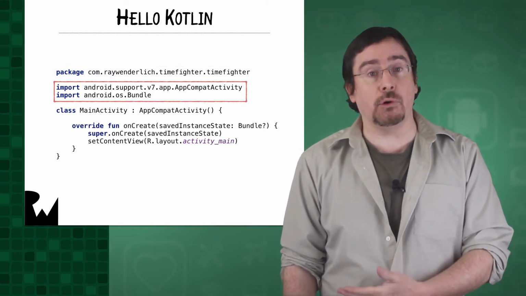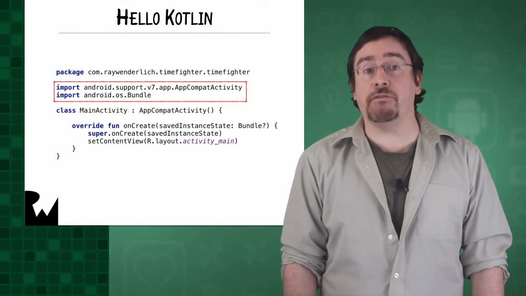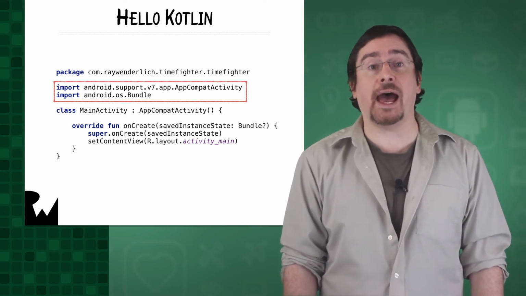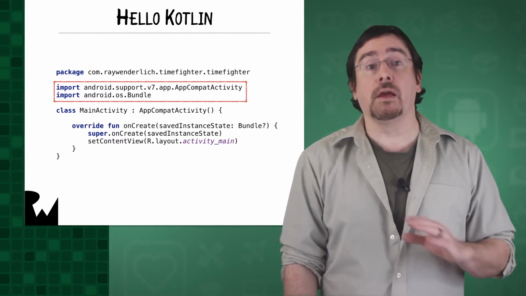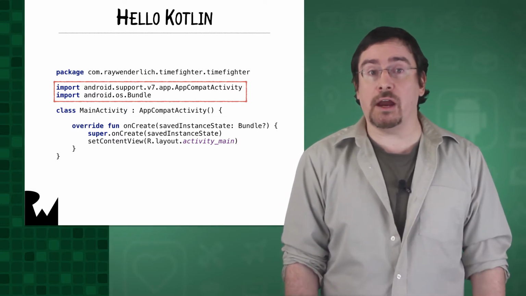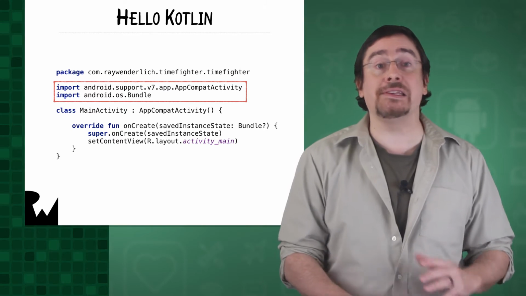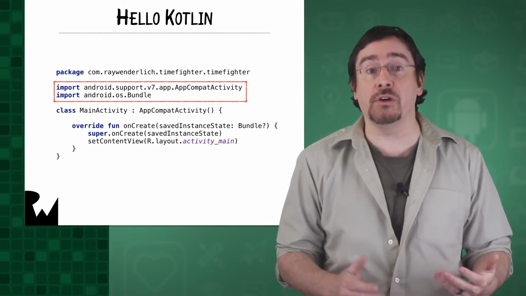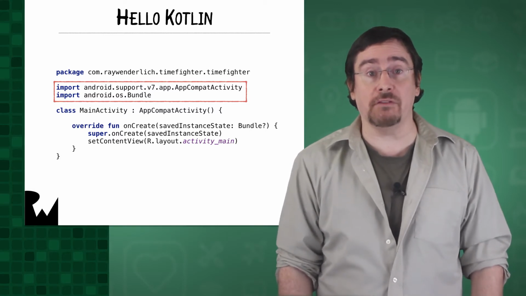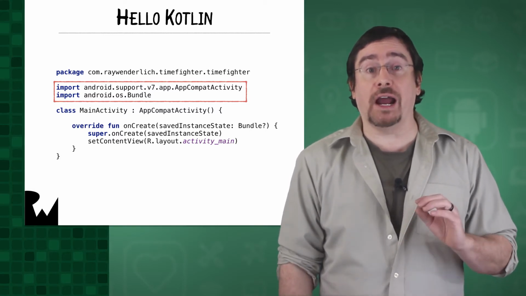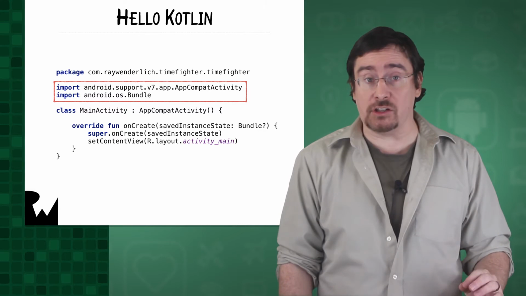Next, we have the import lines. These are references to other classes, such as app_compat activity, that will be used later on in the code. If the proper imports are not there, the compiler might complain since it doesn't know where to find the code indicating how a particular class is supposed to behave. These imports are actually importing packages.